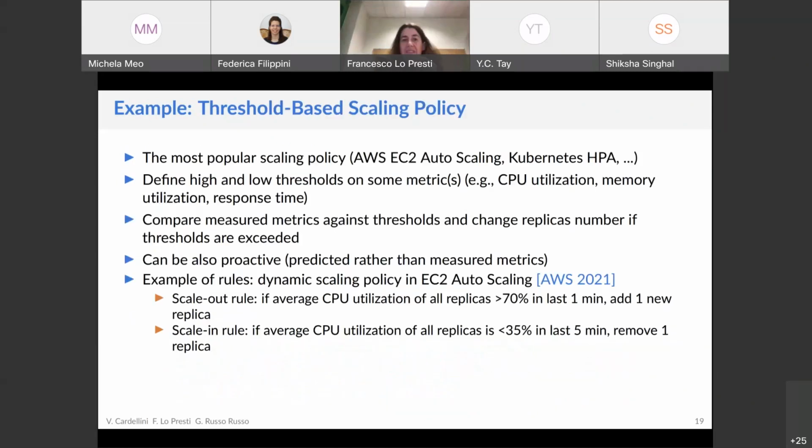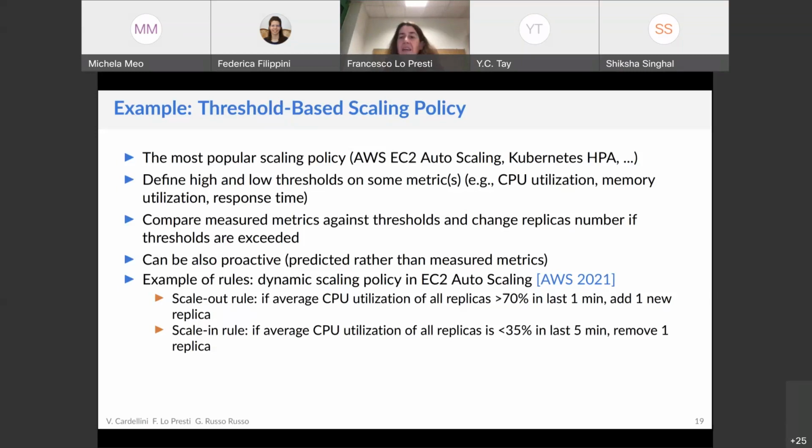But let's consider, as an example, a scaling policy which is usually implemented in most frameworks, for example, in Kubernetes, or in the auto-scaling service provided by Amazon Cloud Service. This is the so-called threshold-based policy, where you define high and low thresholds on some metrics, for example, the CPU utilization, the memory utilization, or the response time.